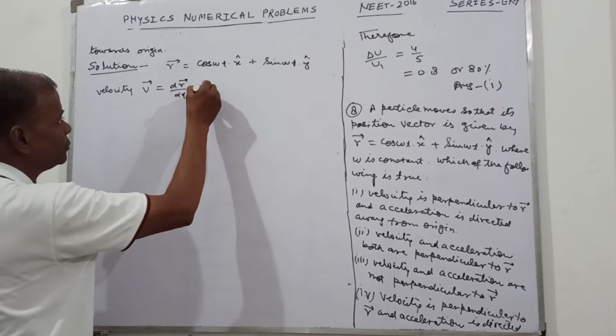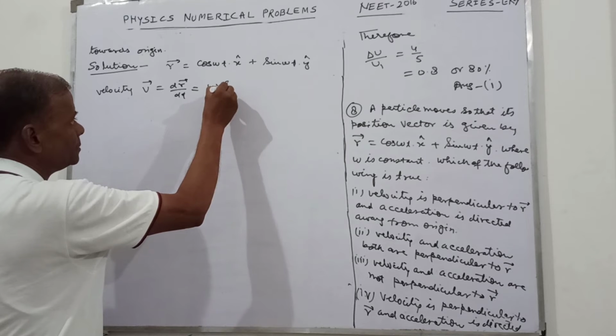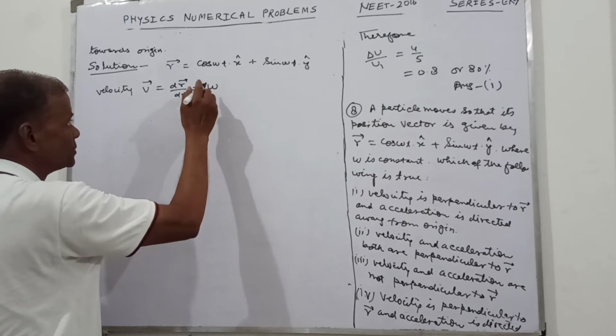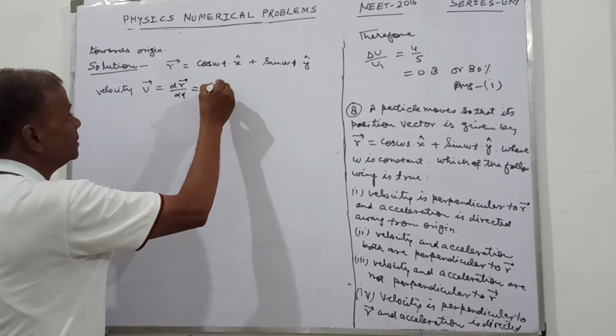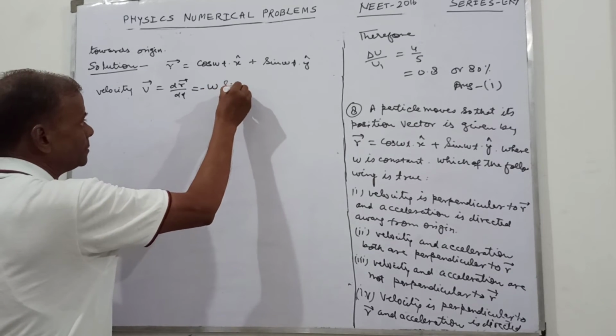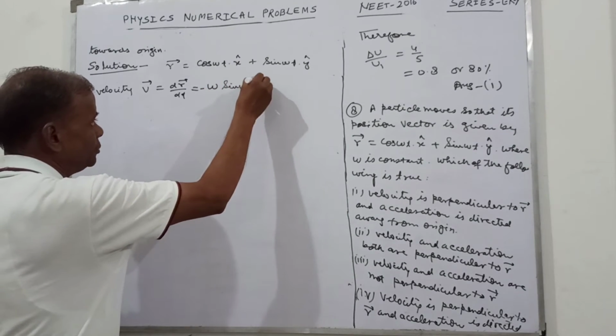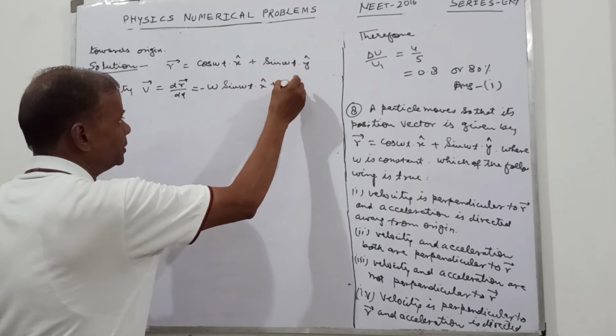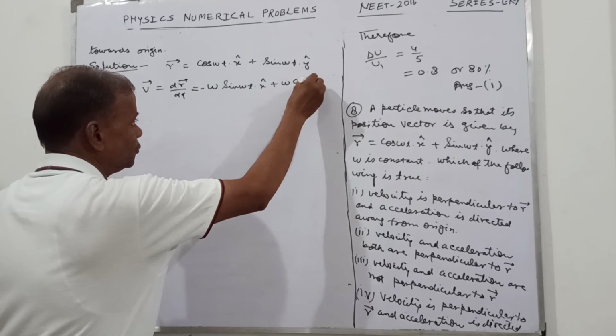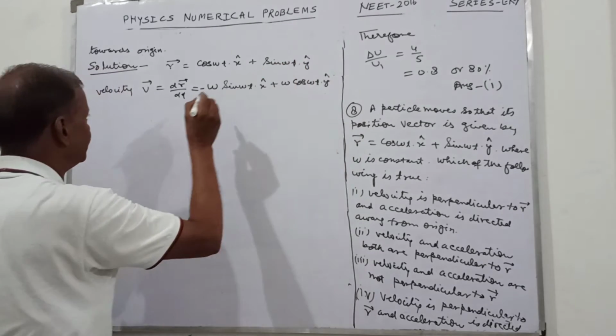So this will be your omega, with a minus sine omega t into x cap plus omega cos omega t into y cap.